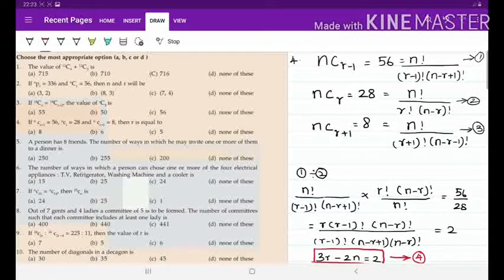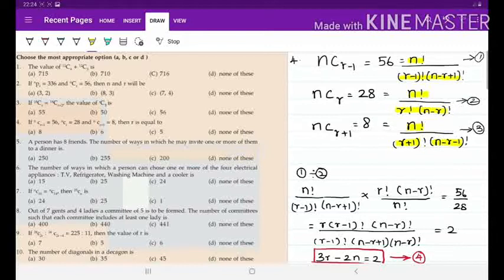We can expand nC(r minus 1) as n factorial by (r minus 1) factorial into (n minus r plus 1) factorial, and nCr as n factorial by r factorial into (n minus r) factorial, and nC(r plus 1) can be expanded as n factorial by (r plus 1) factorial into (n minus r minus 1) factorial.